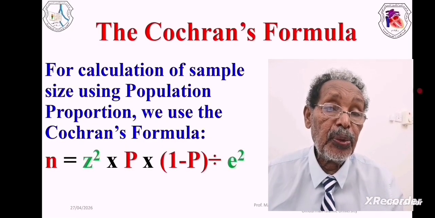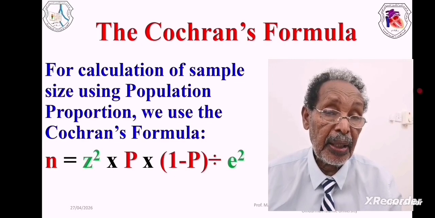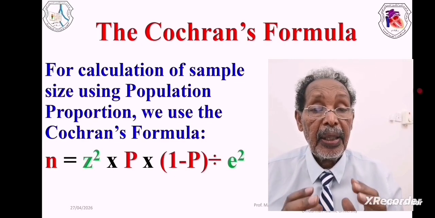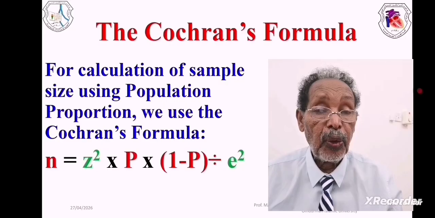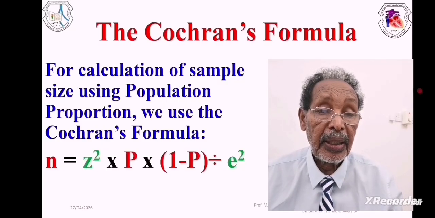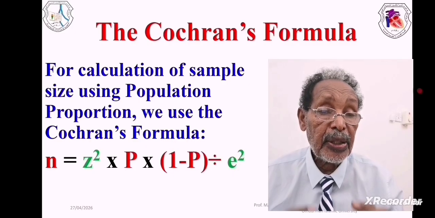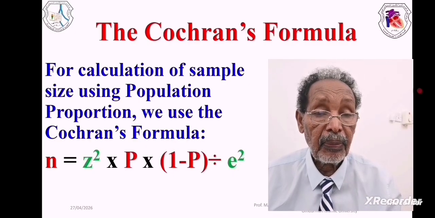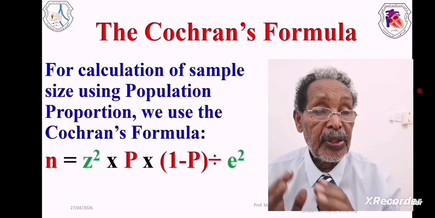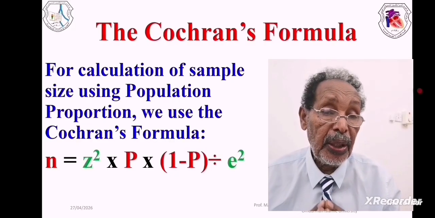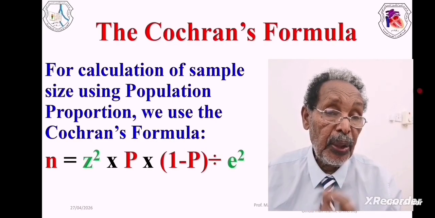We are going to use the Cochran's formula. The Cochran's formula for calculating the sample size using the population proportion is very simple. The sample size is equal to Z value squared.